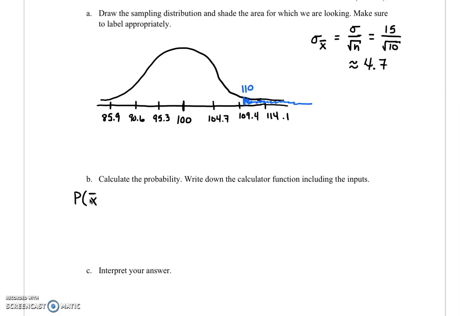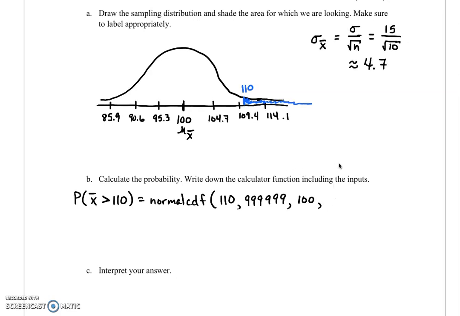Sorry, I should have written that probability notation first. We need the probability that the sample mean is greater than 110. So we're going to normal CDF. Remember, lower boundary comes first. That's the value at the left side, so 110. Since we're going greater than all the way to the right, our upper boundary is a bunch of 9s. Then we put the mean, which in this case is 100.